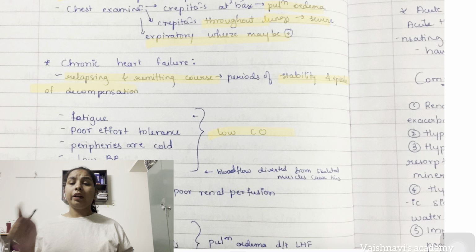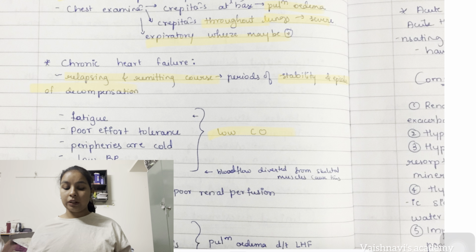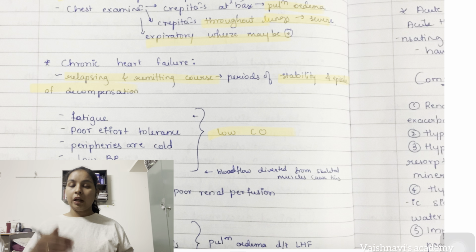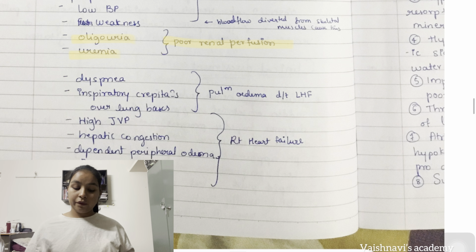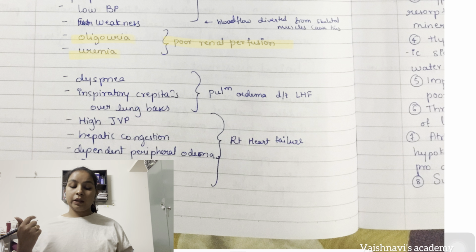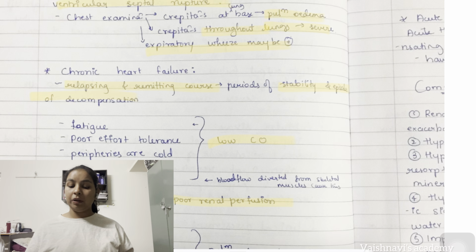And if the person is coming with weakness and fatigue, then we have to say that the blood flow is diverted from skeletal muscles, and this causes weakness and fatigue. If the person is having oliguria and uremia, then we have poor renal perfusion. If the person is coming with dyspnea, inspiratory crepitations over the lung bases, I said lung base crepitations are because of pulmonary edema.